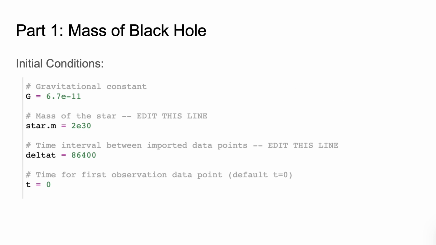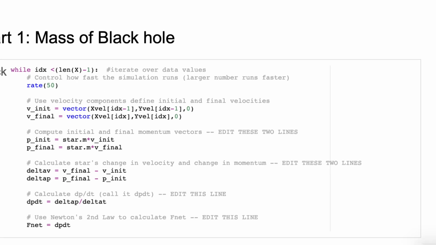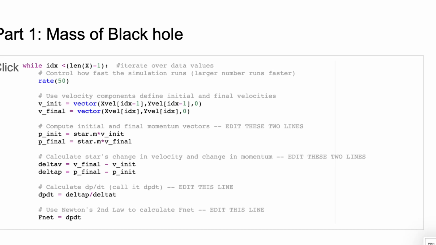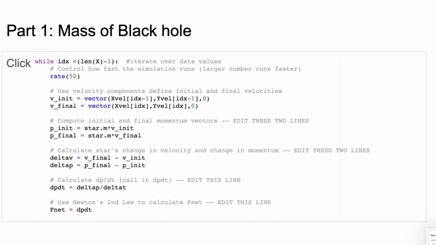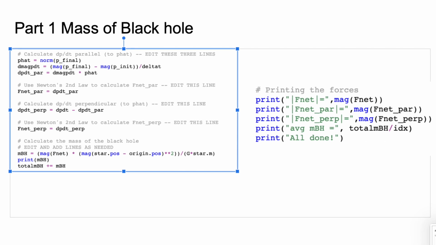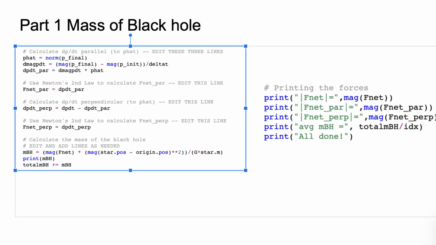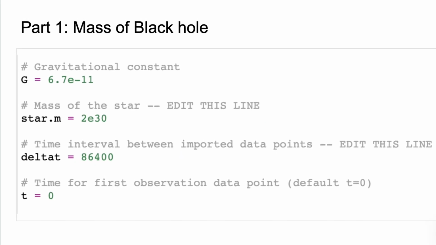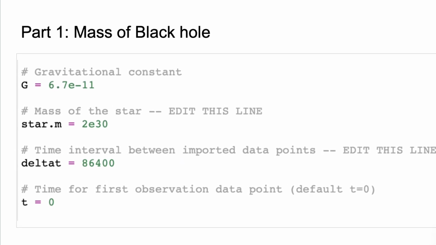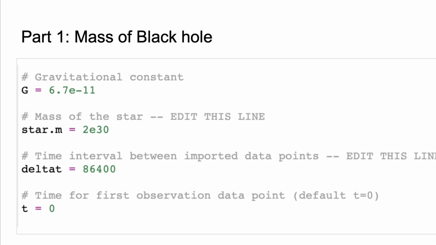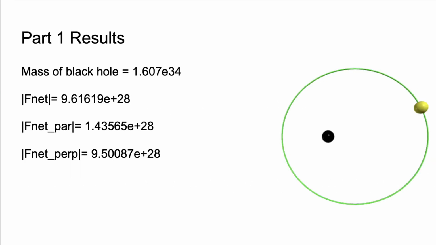The velocities given were negative 9 times 10 to the 7 and 9.9 times 10 to the 6 meters per second in the X and Y direction, respectively. And as we can see, this is in tandem with the motion of the black hole that we're looking at.